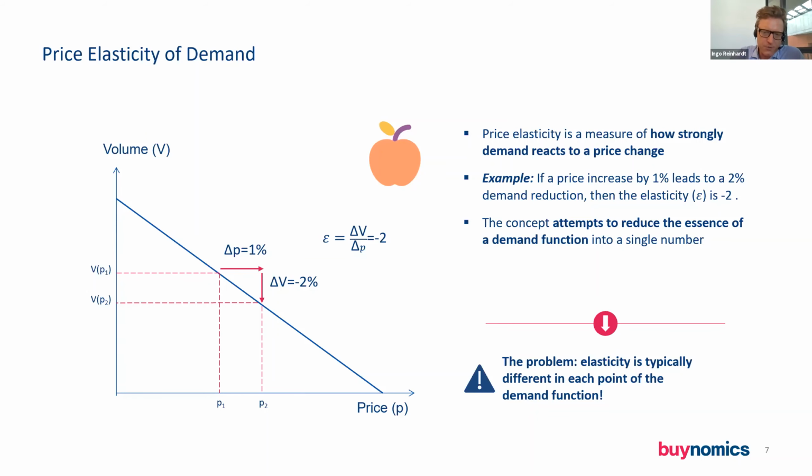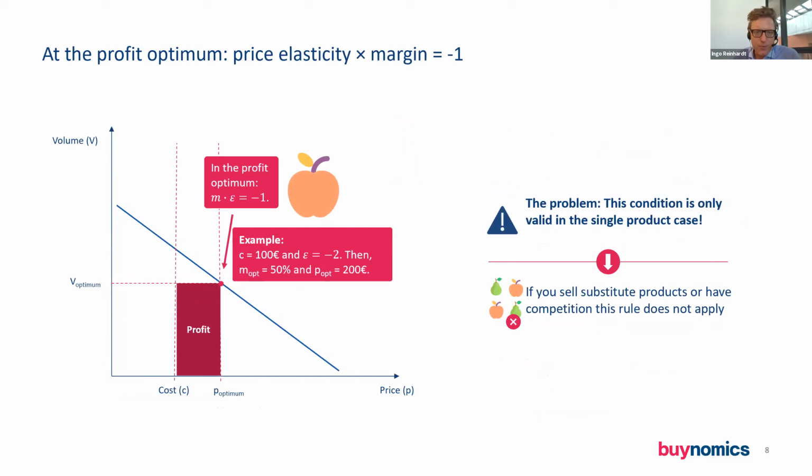And I think what makes it most useful is this property here. So if, as in this example, you're in a case where you have this demand function, you know the price elasticity of your product. For example, here, you have a cost of 100, a price elasticity of -2, then you know because of this formula, because you know in the optimum, elasticity times margin is -1.